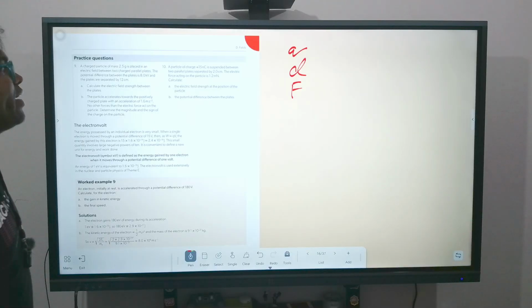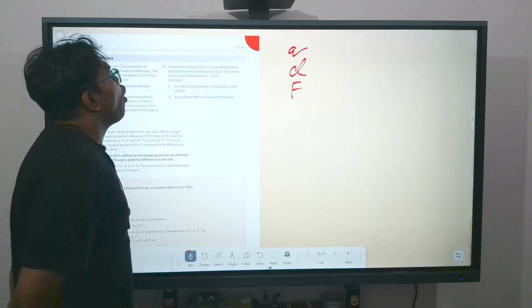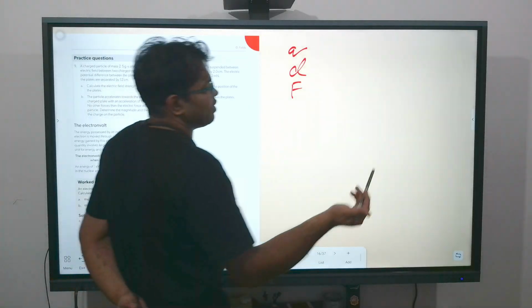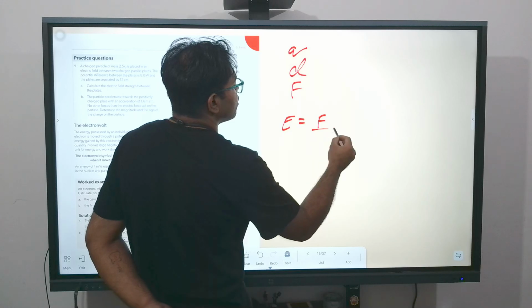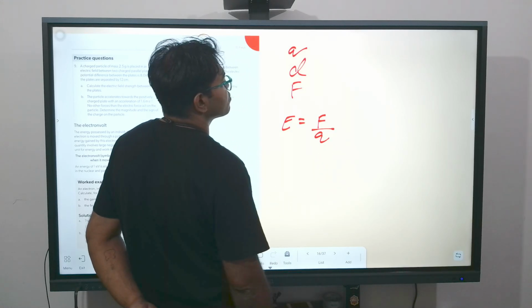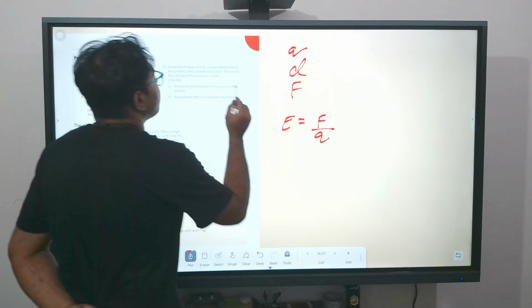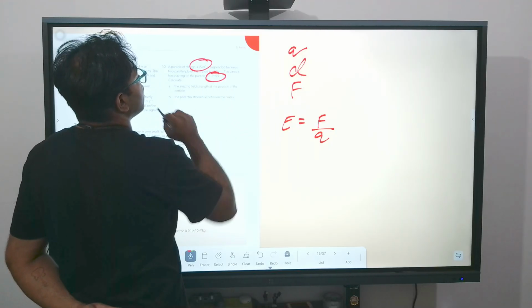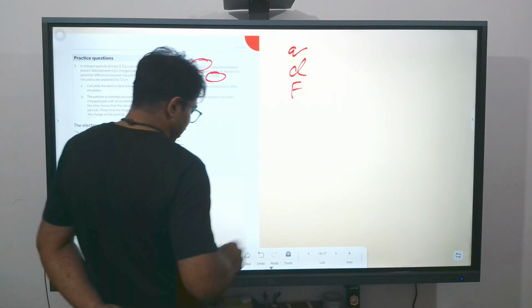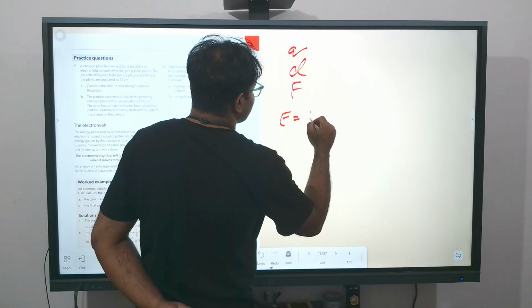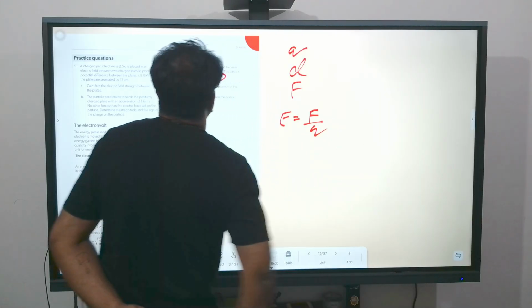Calculate the electric field strength at the position of the particle. Easy, right? Electric field is equal to force upon charge. They have given us the force, we know the charge, so basically we can calculate the electric field.